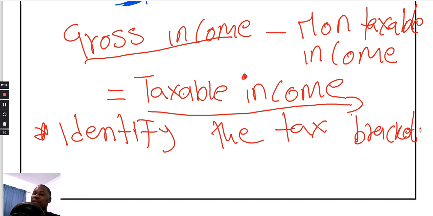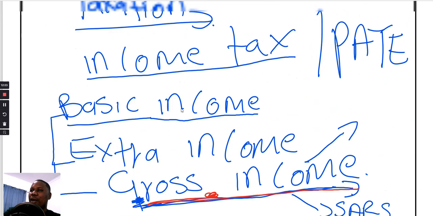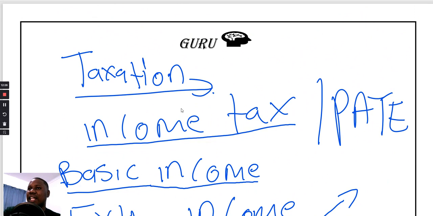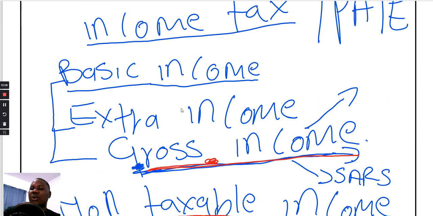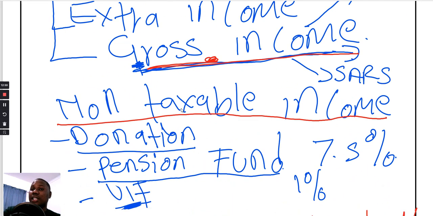Then if you understand it from here up until here, getting the taxable income from the basic income, it means now you will be able to calculate the income tax. Okay, so those things are the ones that I wanted to clarify first.